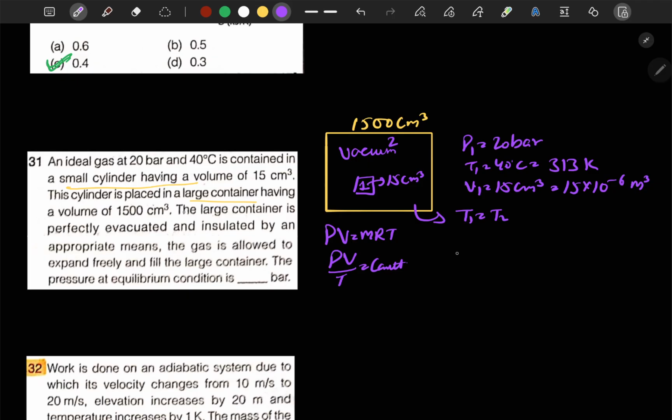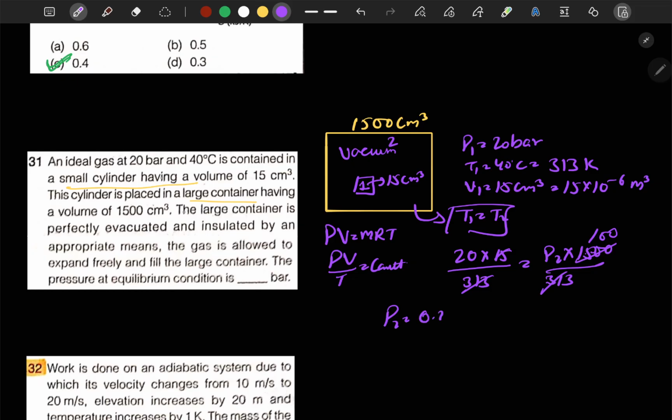So let's see, P1 is 20 bar, V1 is 15 centimeter cube, divided by T1, 313 Kelvin, is equal to P2, that we have to calculate, into V2, which is 1500, and T2 is again 313 because it is a case of free expansion. Okay, so we will get P2 equal to 0.2 bar. Let me verify the answer first. Okay, so this answer is correct.